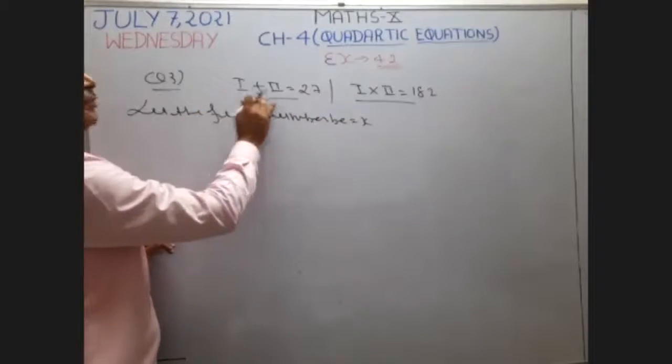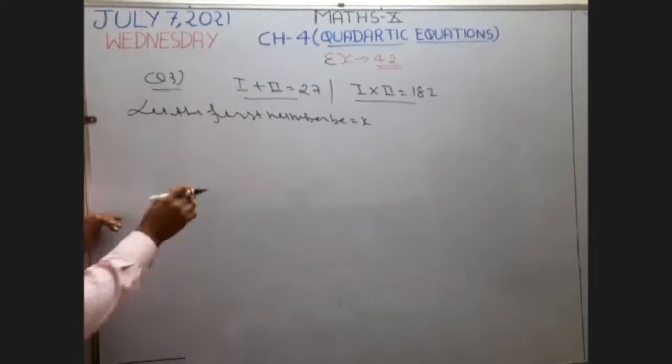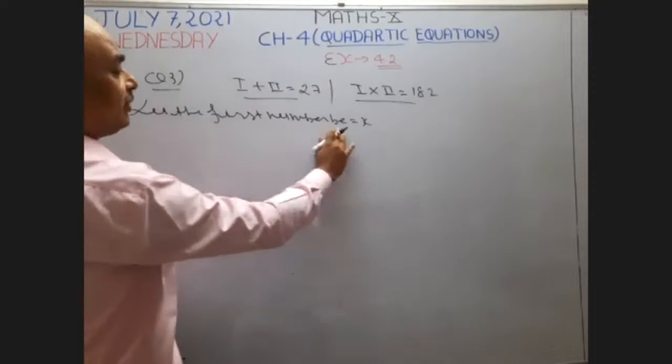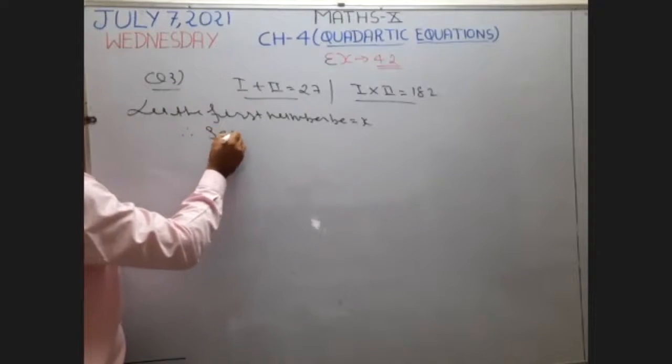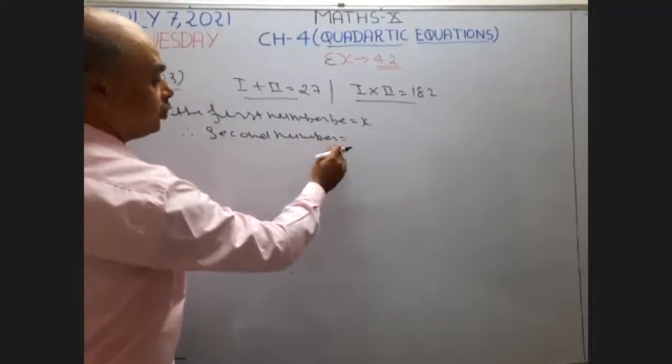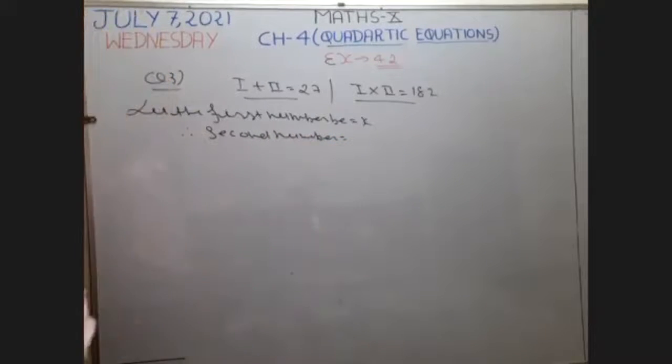If I take first number x, then I want to ask some students what is the second number. I write here, let the first number be x. Therefore, second number, I'm going to ask students what is the second number. Okay, Vanshika Bhutani, I have unmuted you, beta.